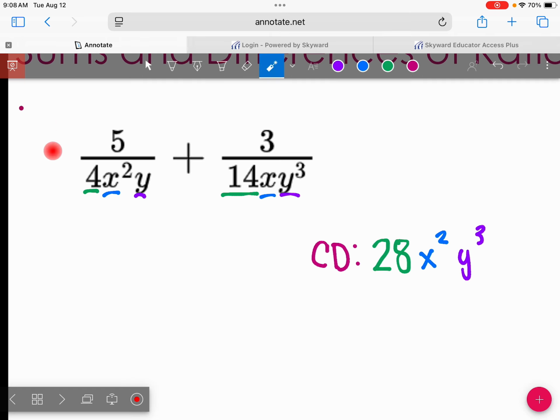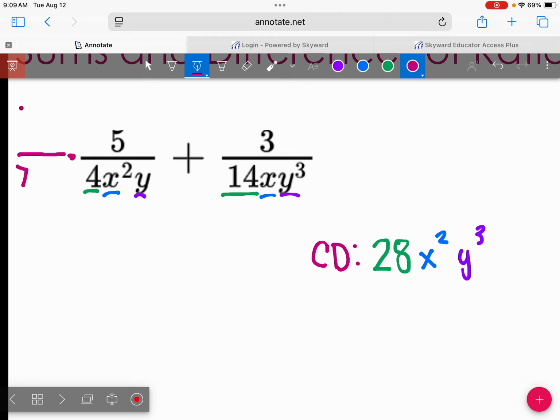So when we're looking to figure out what we're multiplying each of our fractions by, this is what we're trying to get our denominator to be. This includes all the pieces we need. So what do we need to multiply this denominator by in order to get it to be 28x squared y cubed? 4 times what gives me 28? 7.